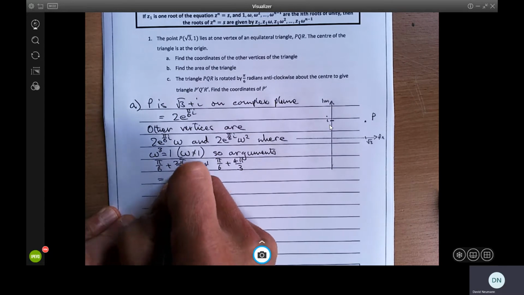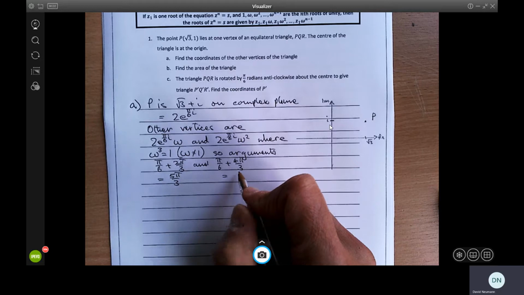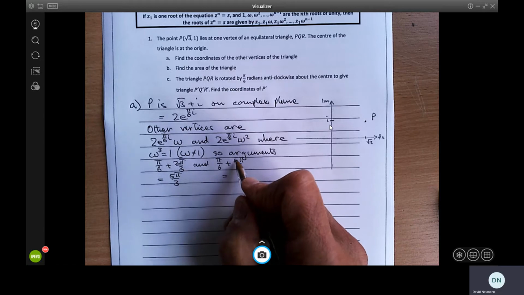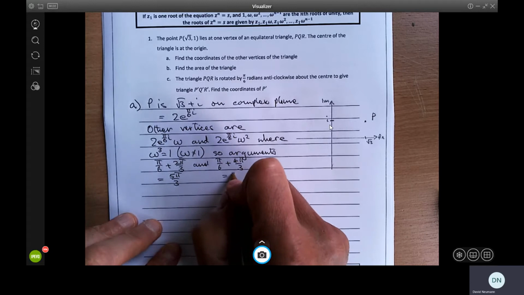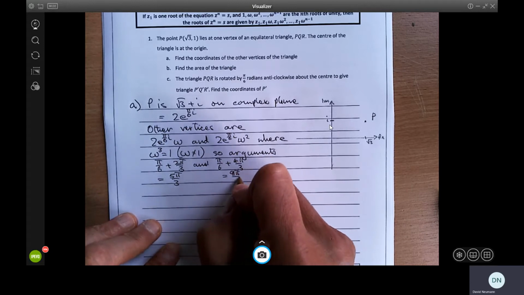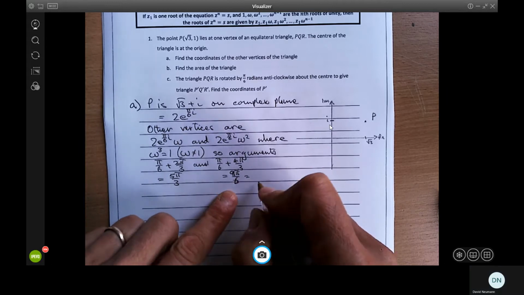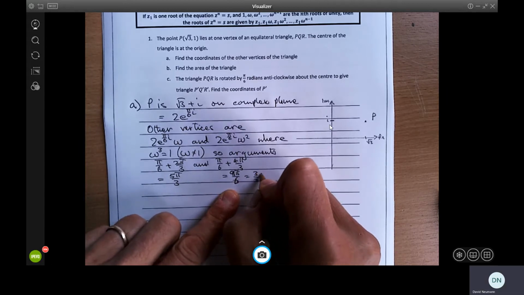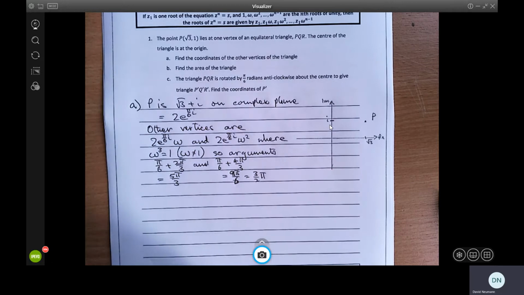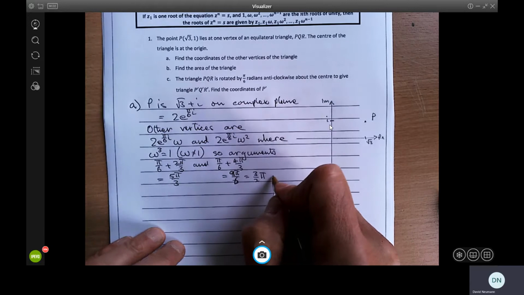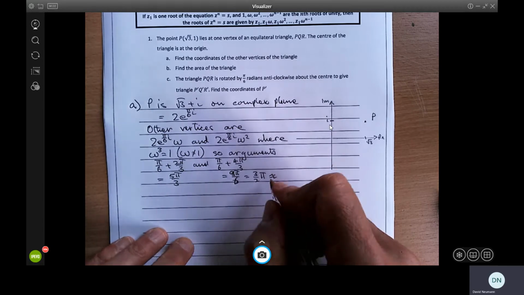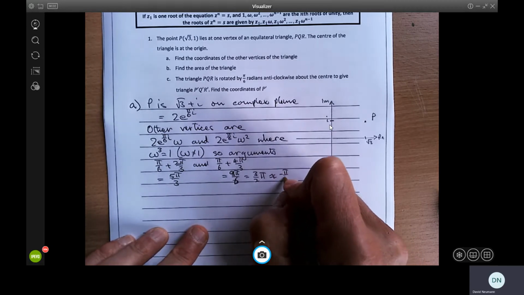That's equal to 5 pi over 3. That's going to be 9 pi over 6, which is 3 over 2 pi. Normally we have our arguments going between pi and minus pi, so that's equivalent to minus pi over 2.